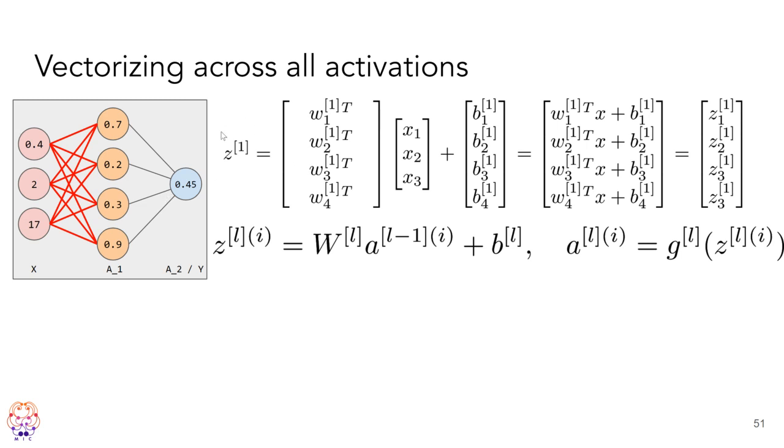So the height would be 4 in this case, and the width would be 3 because there's 3 input features. And as you can see, that's why we have x1, x2, x3 there. And so that's equivalent to this weight matrix, WL.